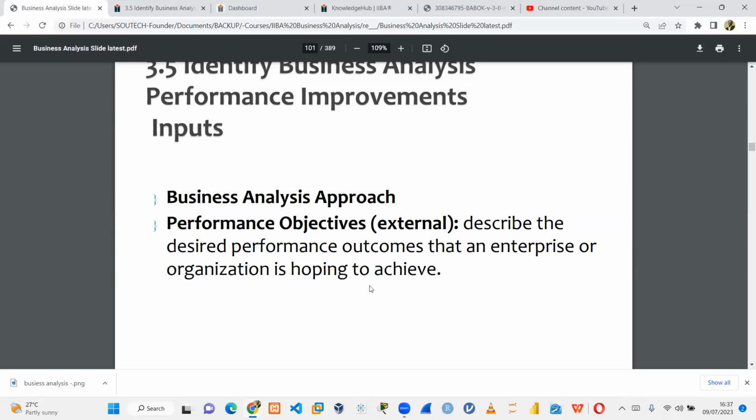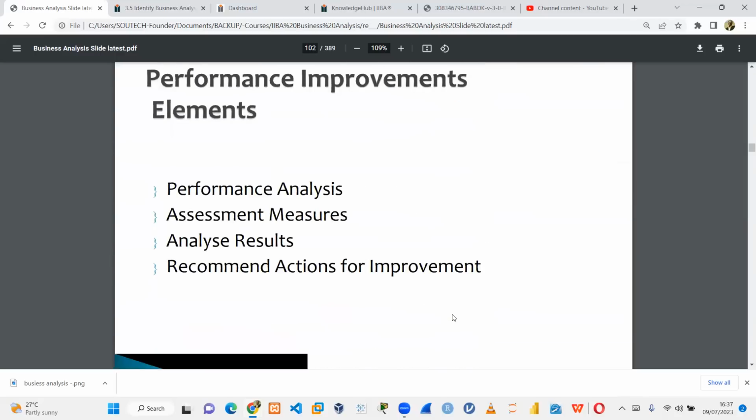Did you depart early? They ask a lot of questions. And all of these questions, a data analyst is going to analyze. A business analyst is going to look at it, and that can help them do what? Achieve better performance. So what are some of the elements? Performance analysis, assessment measures, analyze results, recommend actions for improvement.